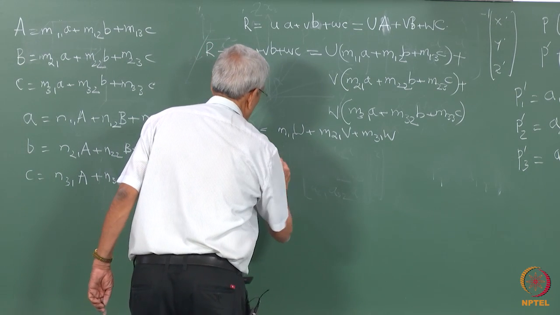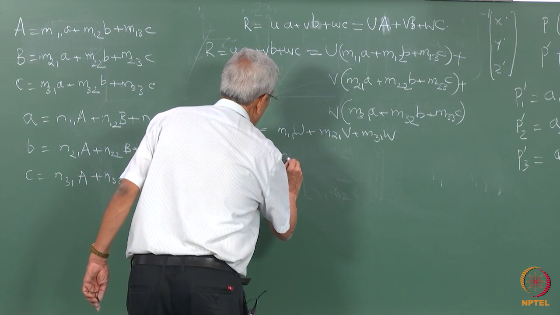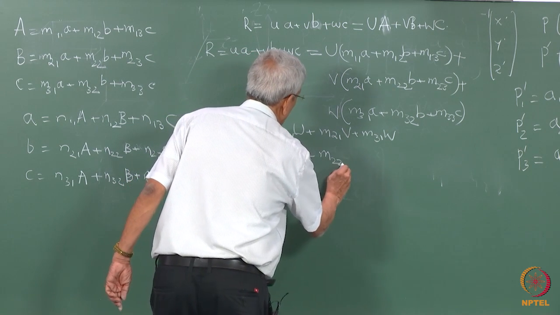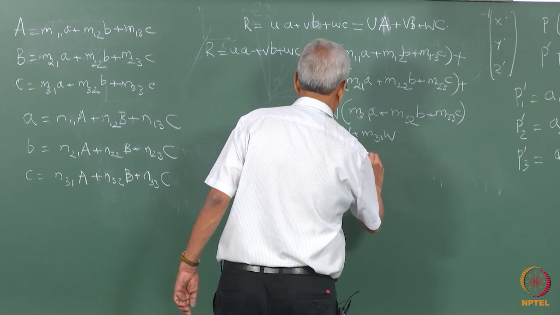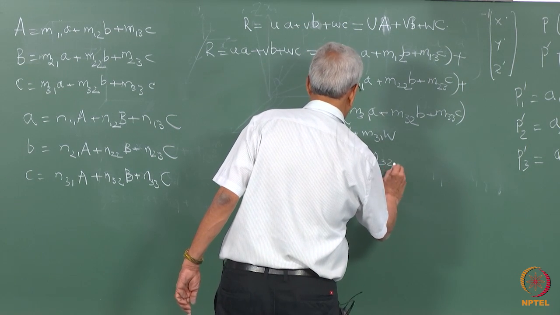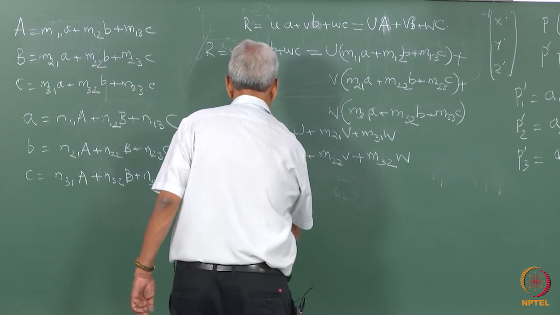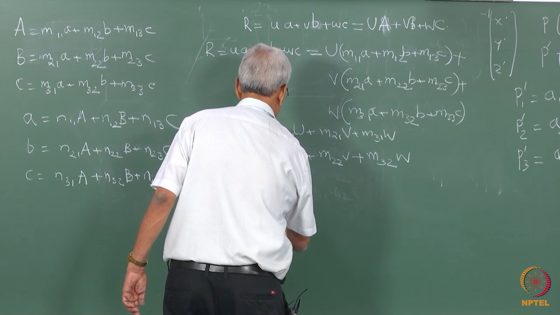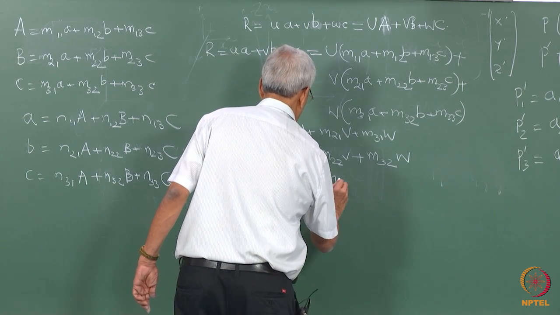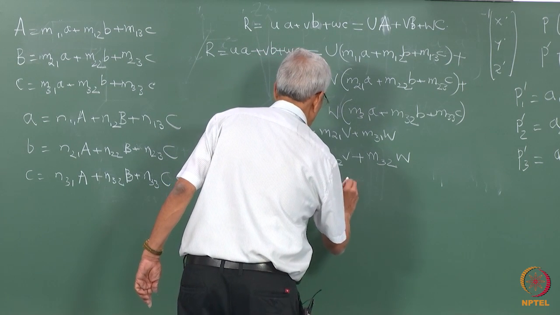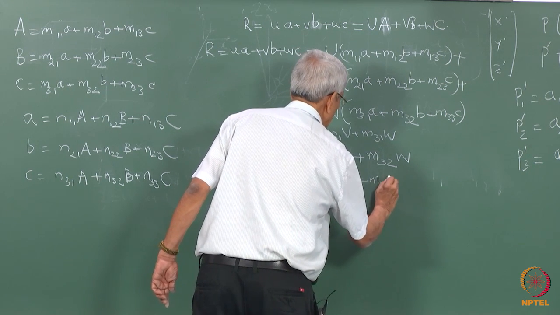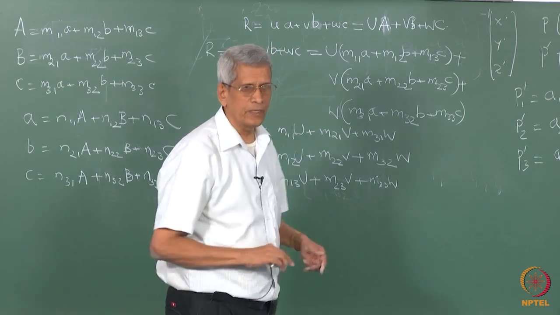Similarly, v will turn out to be M12 into U plus M22 into V plus M32 into W, and w will be equal to M13 into U plus M23 into V plus M33 into W, right?